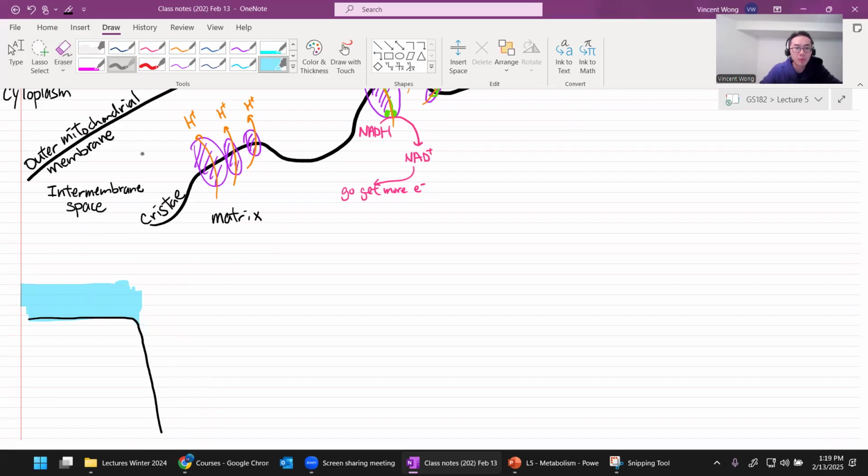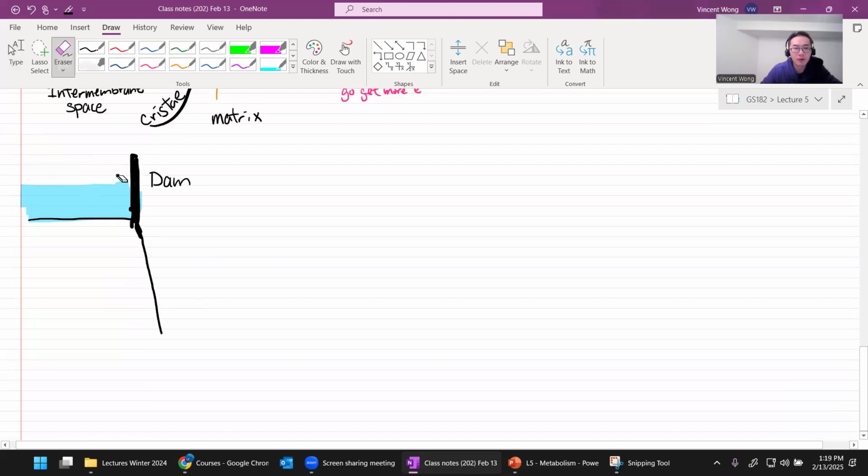But suppose we block that by building a dam. So this is a dam. The water can't go, even though it wants to. And then what happens is we have all this water trapped at a high point. There's a lot of potential energy in there.